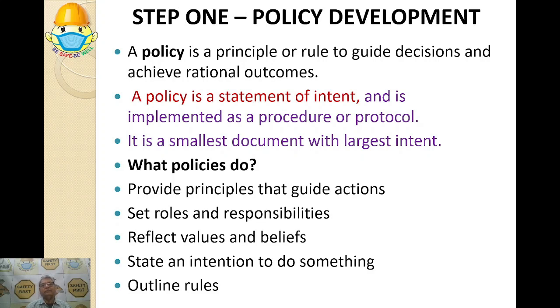The finance manager will sign checks up to 10 lakh rupees. And checks above 10 lakhs will be signed either by the CEO or the managing director. So what does the policy do? The policy has set the roles and responsibilities of those persons, and it has given a guideline on who will sign what amount of checks.